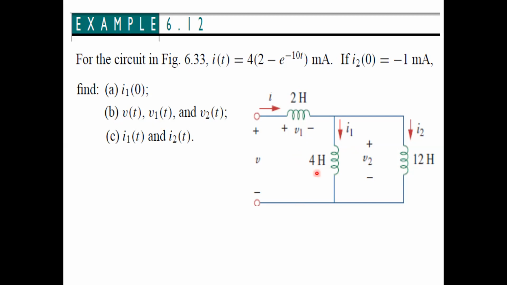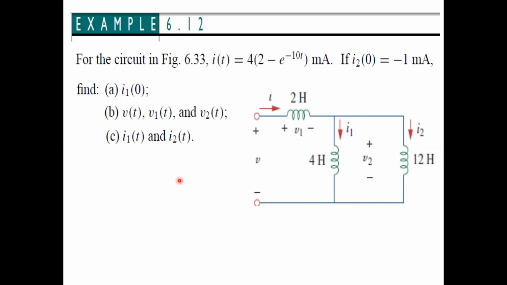Also find the total voltage. Also find the voltage across the 2 Henry inductor. Also find the voltage across the 12 Henry inductor. In part C, you have to find the current through the 4 Henry inductor and the current through the 12 Henry inductor. Right.